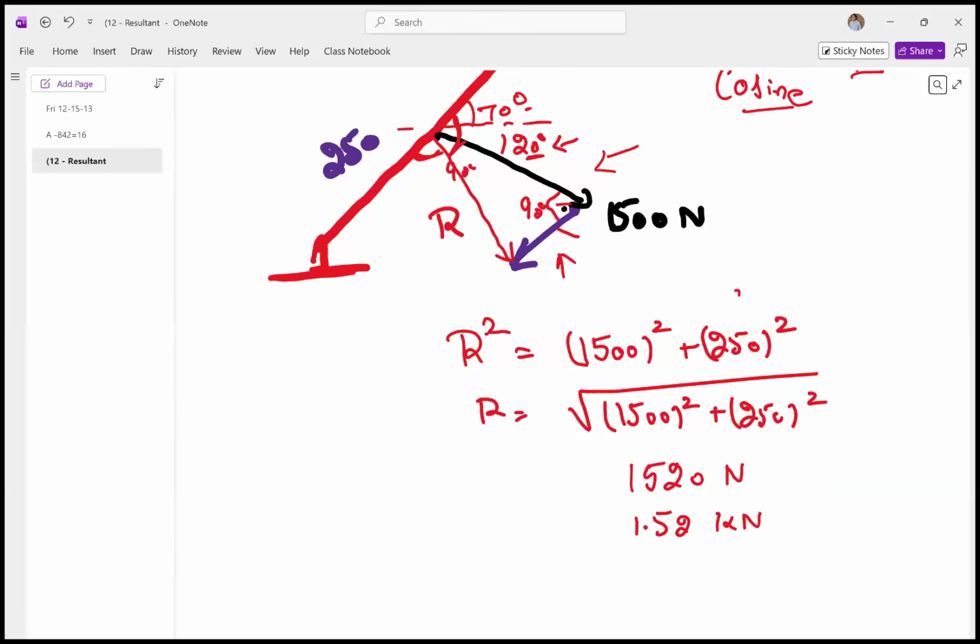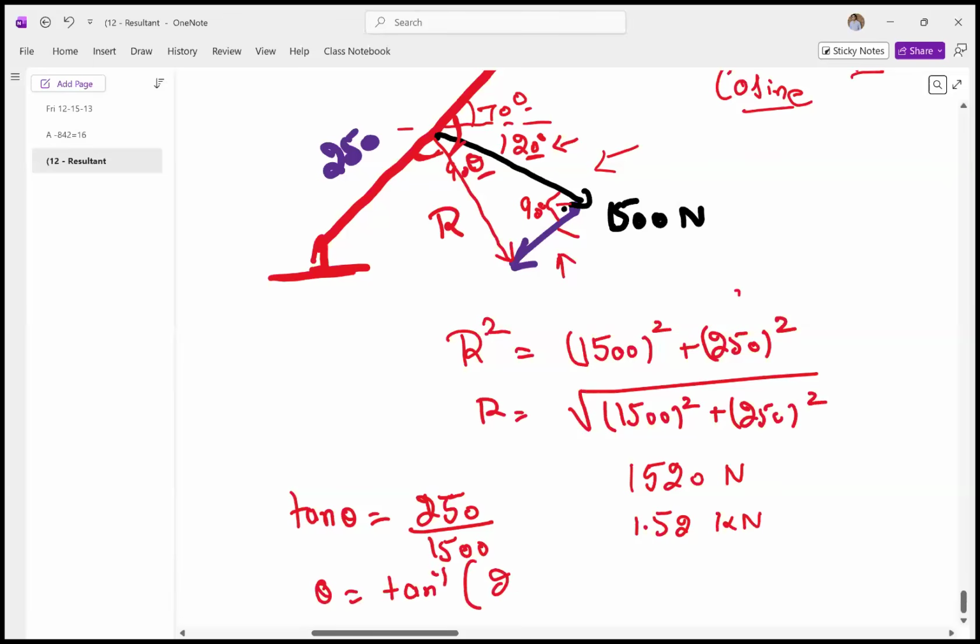To do that, I need to find first of all this angle theta. Tangent theta is equal to opposite upon adjacent, so 250 upon 1500, and then the theta value will be tangent inverse of 250 divided by 1500. Let me just quickly see if it is getting recorded or not. Yes, it is getting recorded.